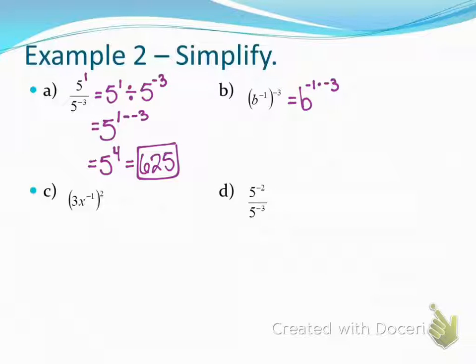Negative 1 times negative 3 gives me a positive 3. So do I need to turn this into a fraction or move it? No, my exponent's positive now. I don't have to worry about moving it. We don't know what b is, so b cubed is as simple as it gets. Questions about letter B?